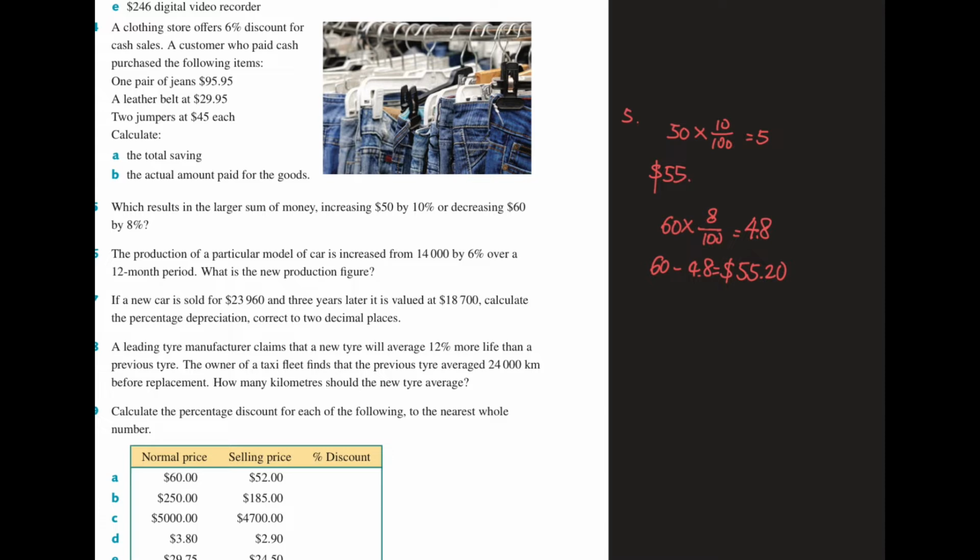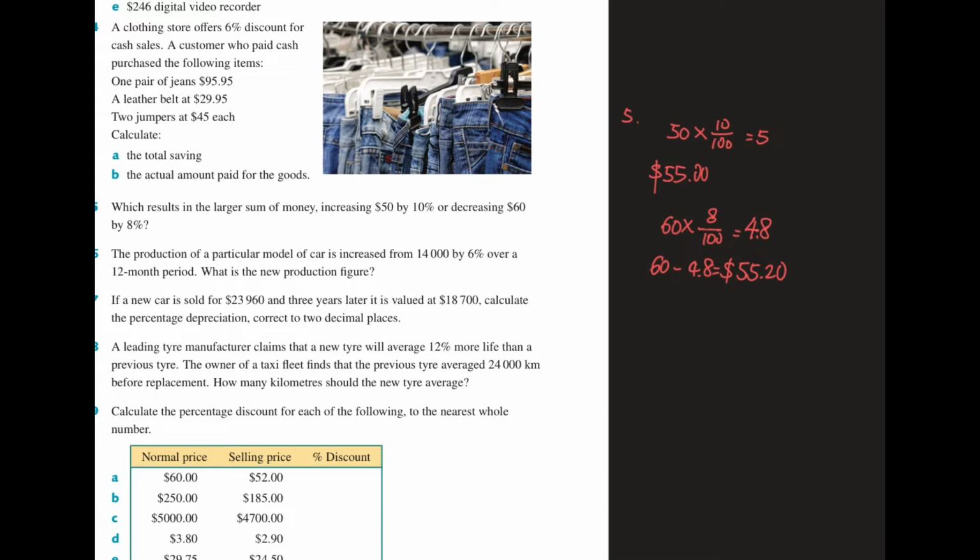Then from here we know which results in the larger sum of money. You can see for the first one 55, the second one 55.20. So the second way results in the larger sum of money.